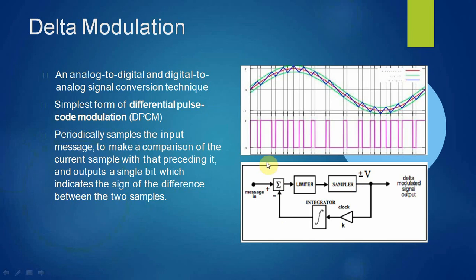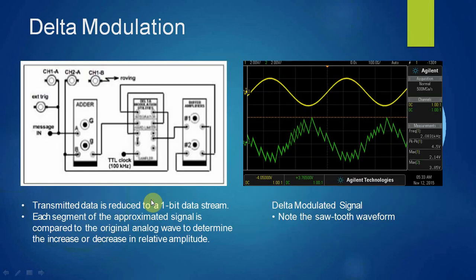Then the simplest form of differential pulse code modulation periodically samples the input message, compares the current sample with the preceding one, and outputs a single bit which indicates the sign of the difference between the two samples. In the delta modulation kit, the message signal comes to the adder.